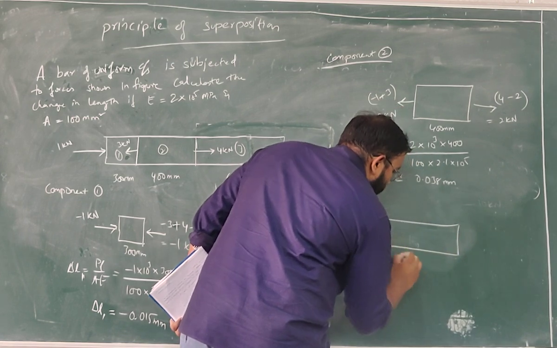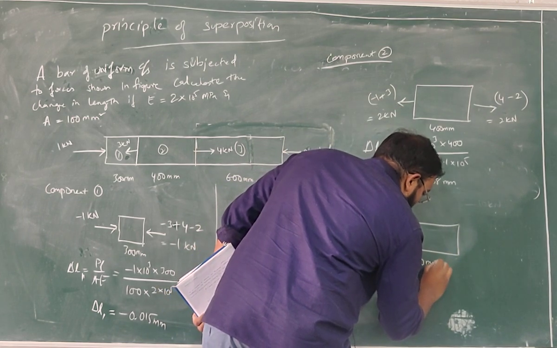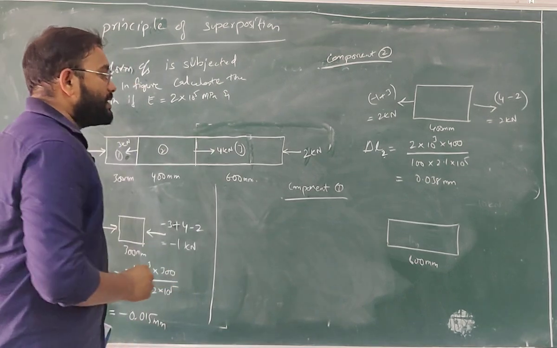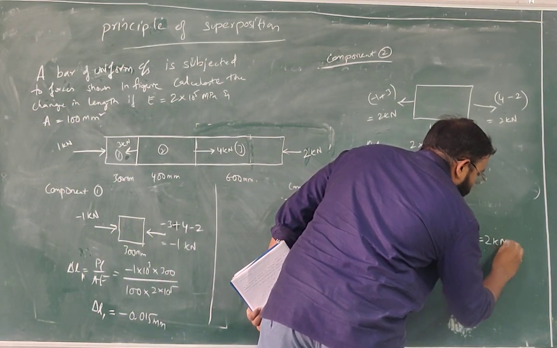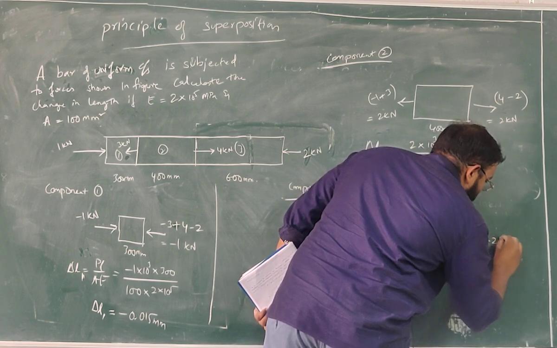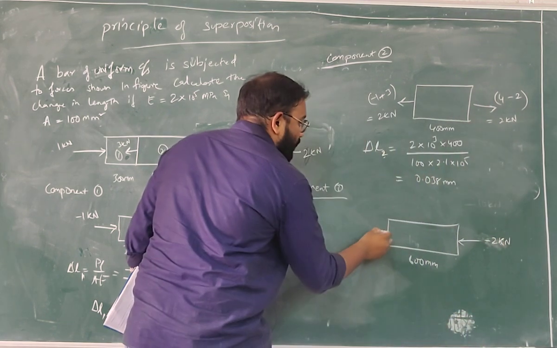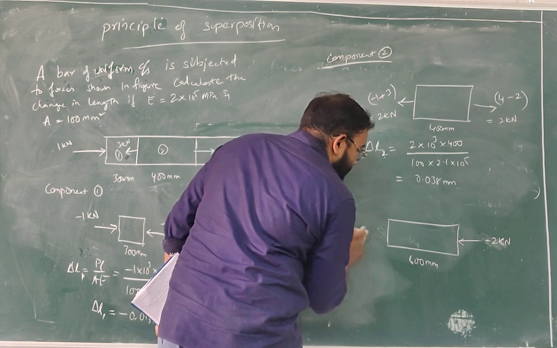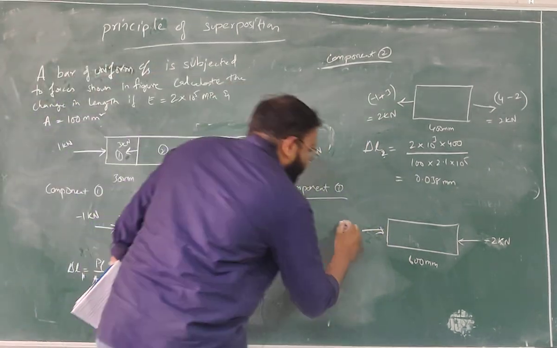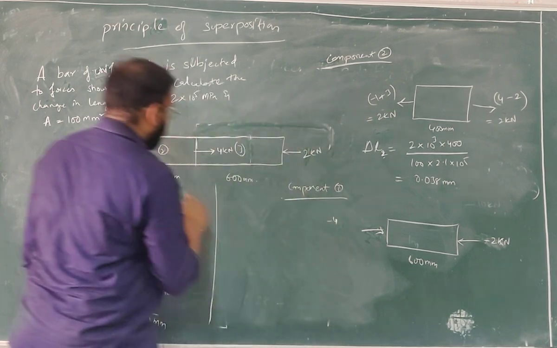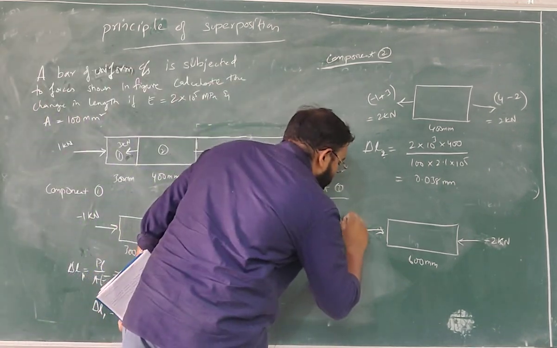Next is component 3, length is 600 millimeters. What forces are developed on the right side? It is compression, minus 2 kilonewton. Now here you will be having a compressive force like this. What will be the value? Minus 4 plus 3 minus 1.